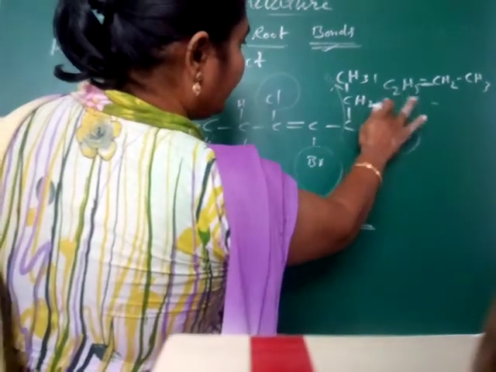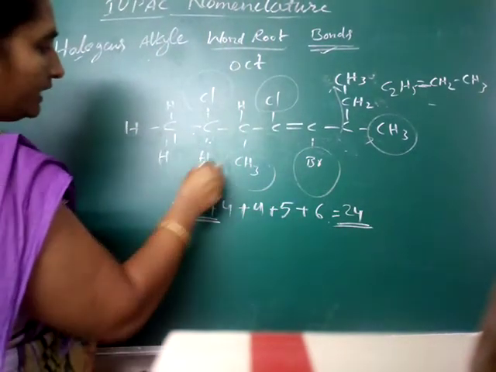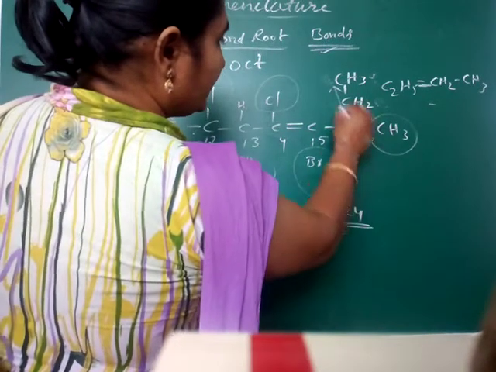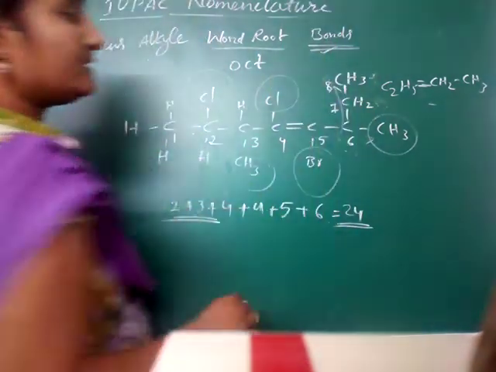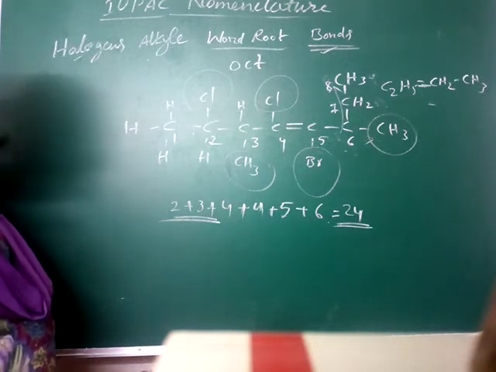Okay, and give the numbering from here to here. That means 1, 2, 3, 4, 5, 6, 7, 8. This is the one rule for writing nomenclature.